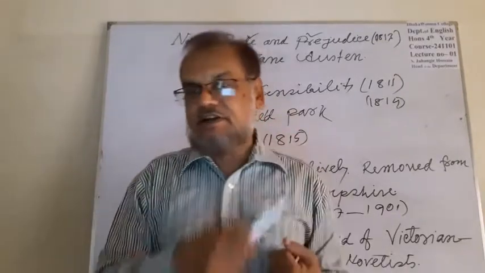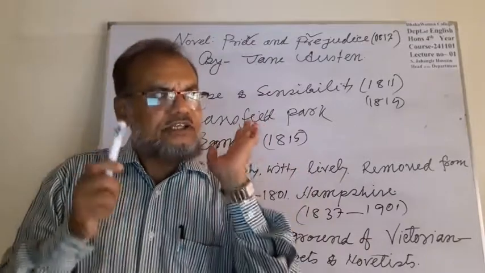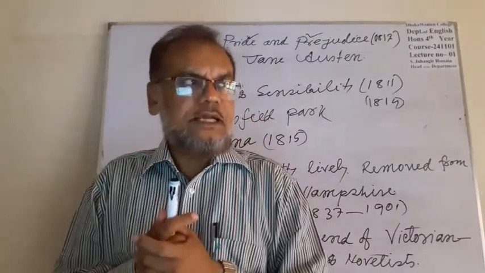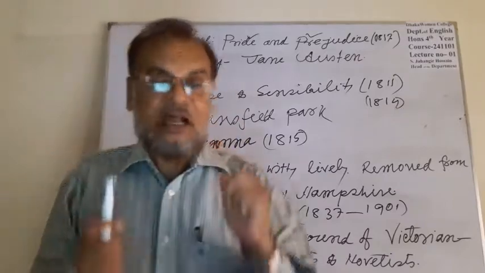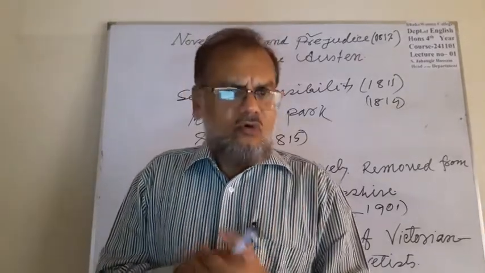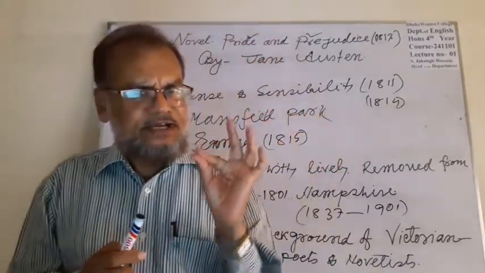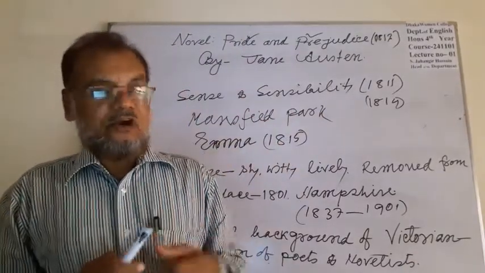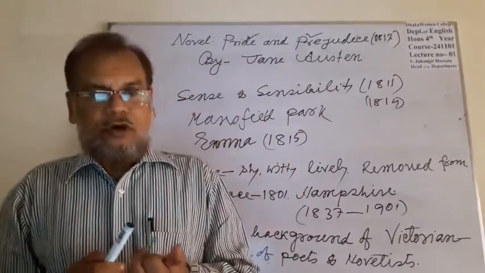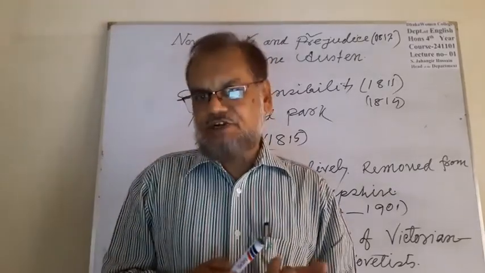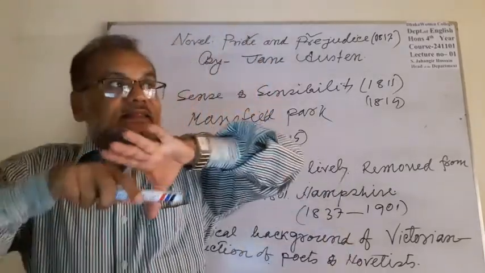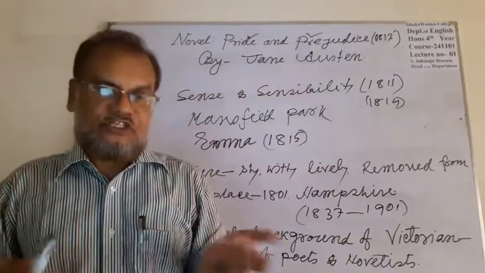George Eliot, whose real name is Mary Ann Evans, lived from 1819 to 1880, and Thomas Hardy also contributed, from 1840 to 1928. So they are the major novelists of this period.